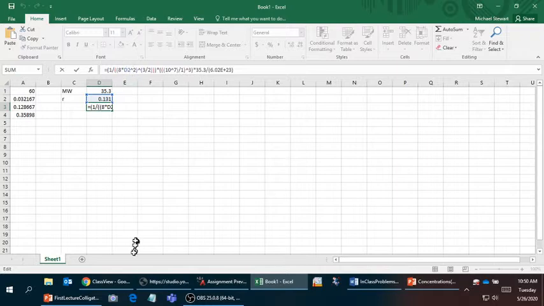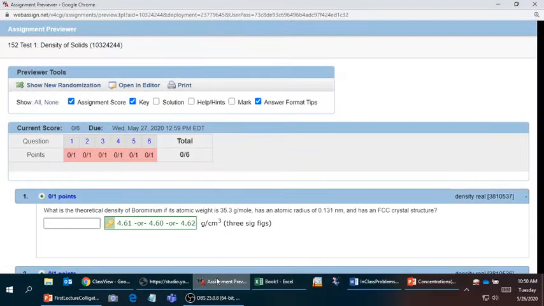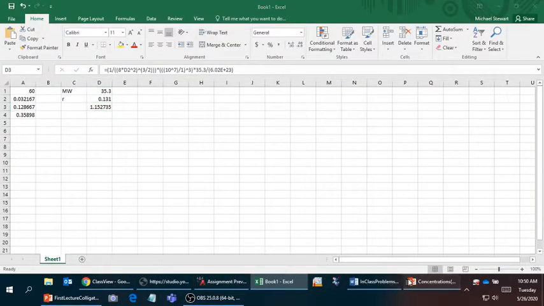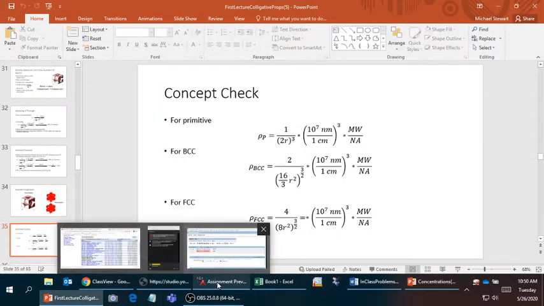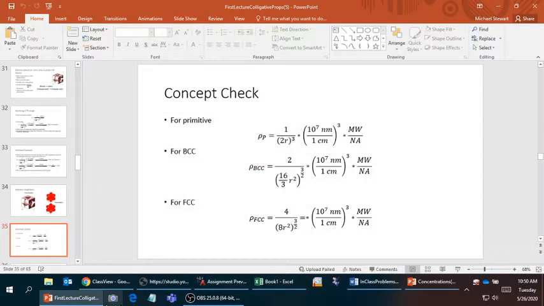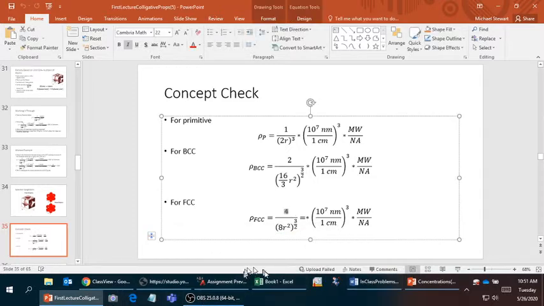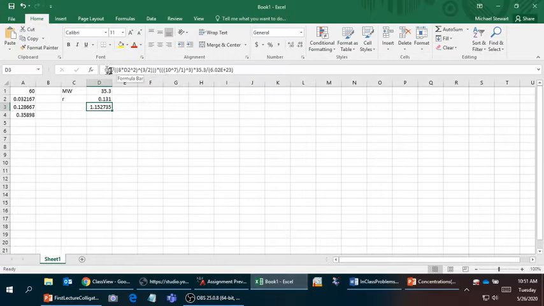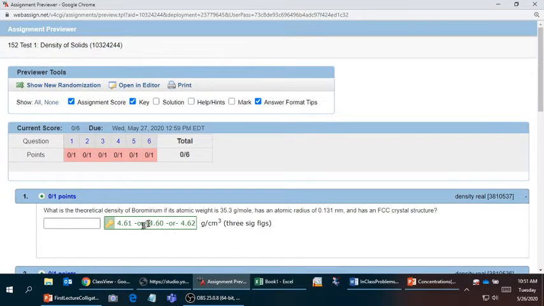Definitely know the key is right, so this is an error on my end in terms of the calculation. Because I forgot the 4 that's on top right there. There you go. It's the joy of working with Excel that you can just take your old formula and correct it. So I get 4.61, and if I go back to the answer key, it'll accept 4.61, 4.60, 4.62.